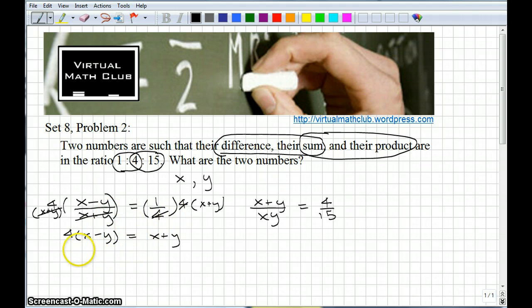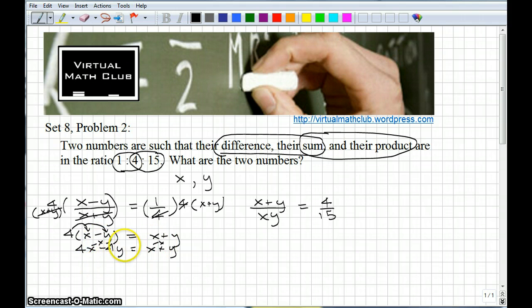So let me multiply through here. I'm going to use the distributive property, and I'm going to distribute the 4. So I get 4x minus 4y is equal to x plus y. And then I'm going to move all my x's together and my y's together. So I'm going to subtract x from both sides.